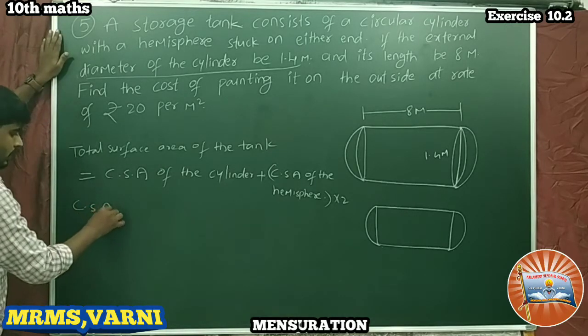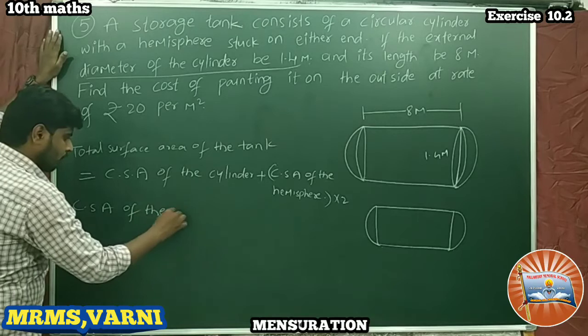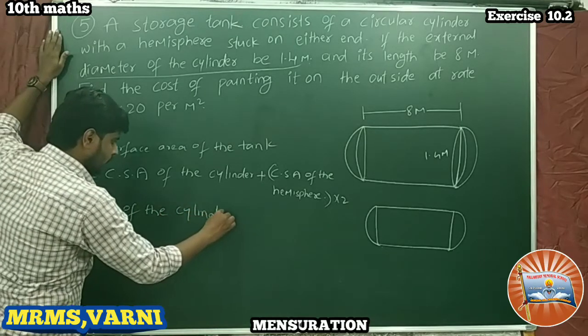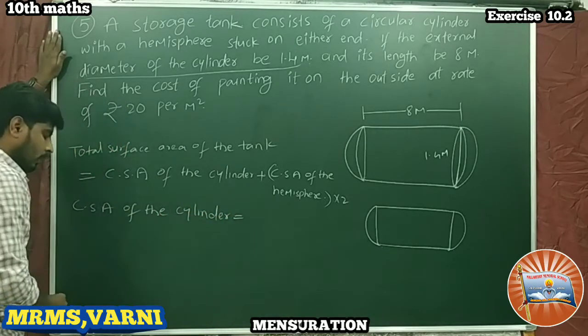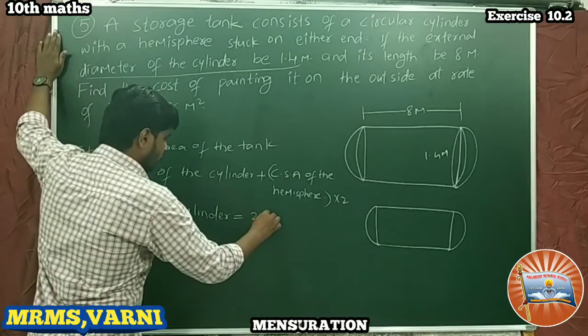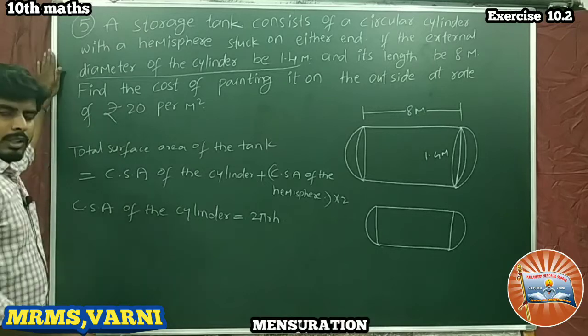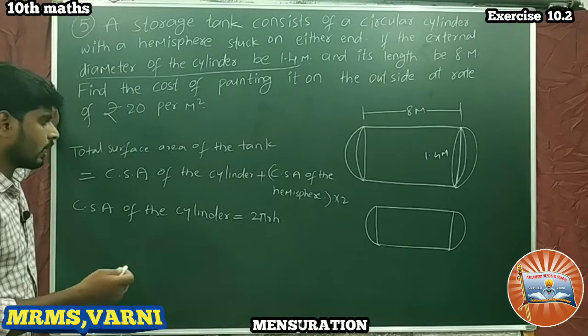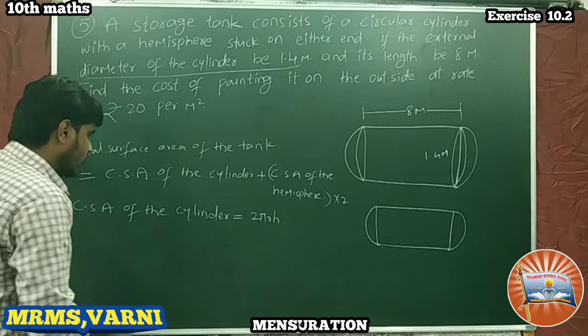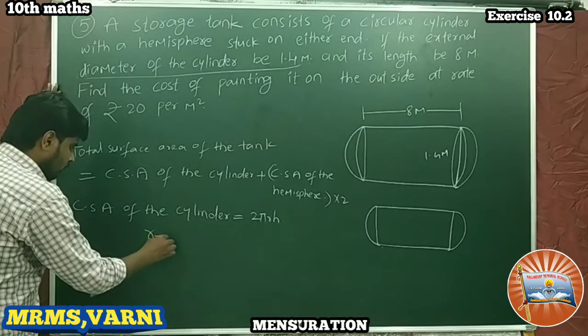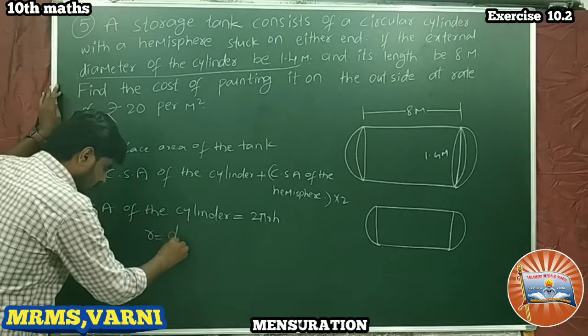CSA of the cylinder. So what is the formula? 2 pi R H is the formula for CSA, the curved surface area of the cylinder. So what is the R value? It is nothing but D by 2.